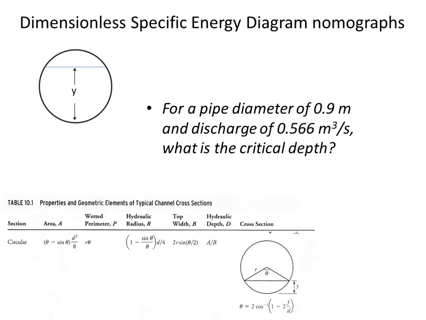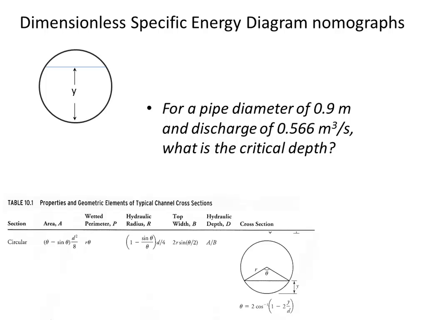And so our depth is 0.9 divided by 2 times 1 minus cosine of 3.09 radians divided by 2. And that gives us a depth of 0.44 meters.